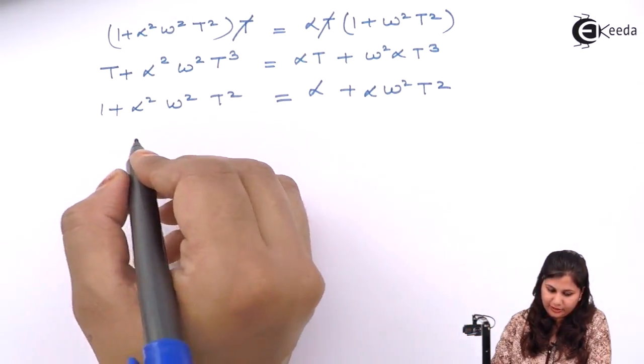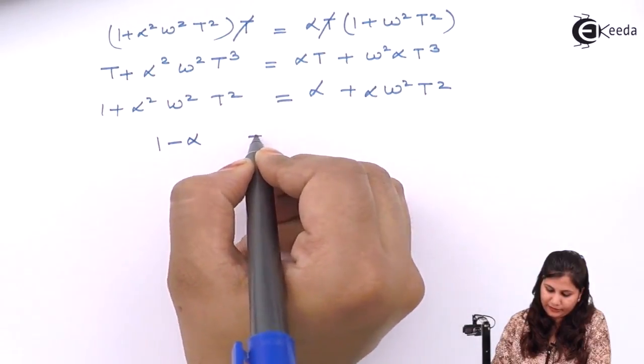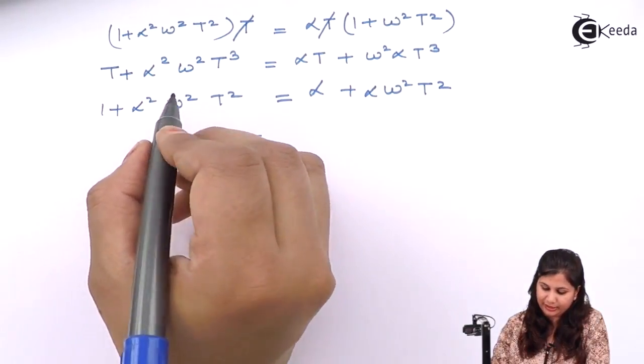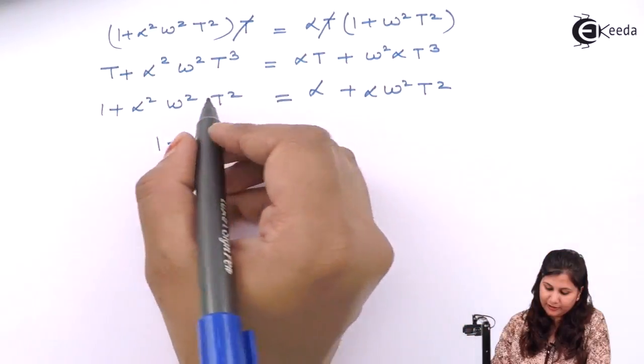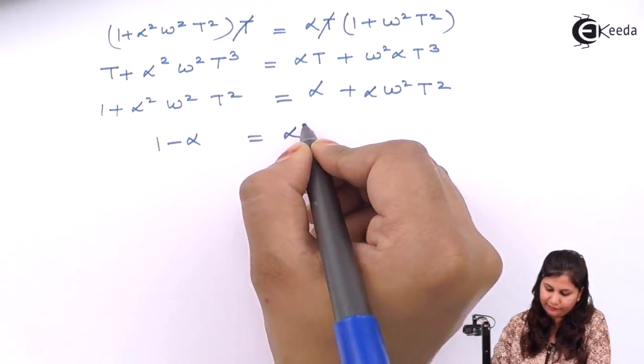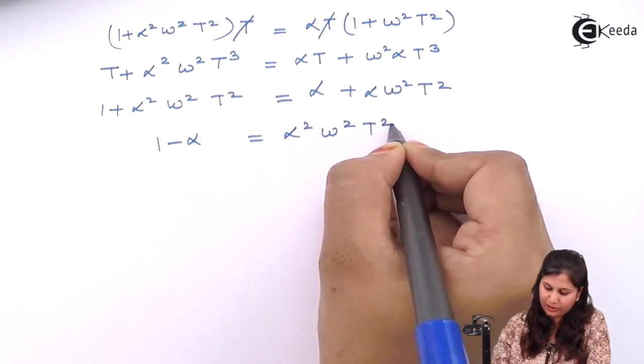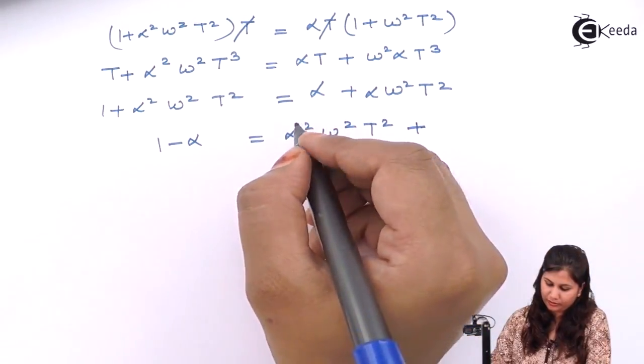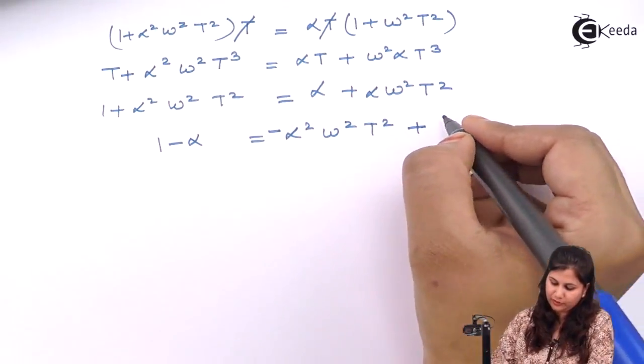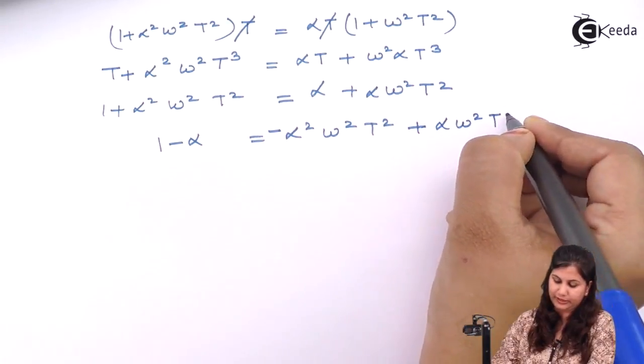So we will get here 1 minus alpha, if we bring this alpha to the left hand side, and bring this term to the right hand side, so we will have alpha square omega square T square, sorry, this is minus, plus alpha omega square T square.